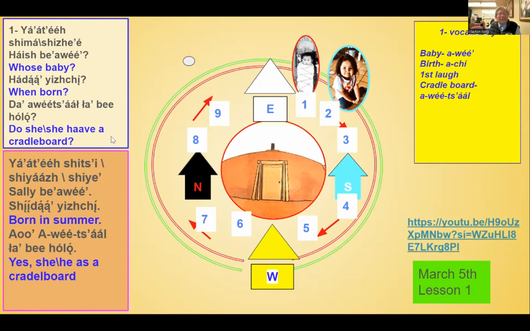And then, does she have a hulong? Hulong is one of those words that you're probably going to use a lot now. Shat means one. Does she have it, it's kind of like saying a cradle board or a cradle?